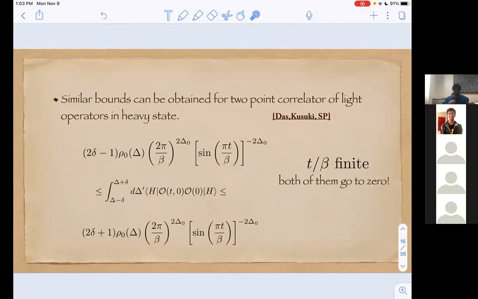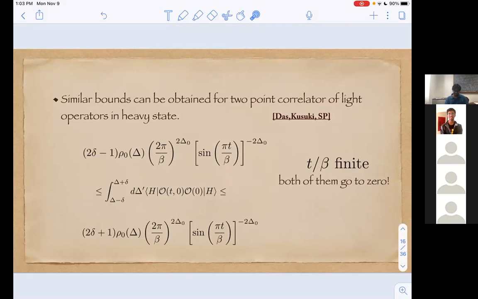Yeah, and then similar bounds can also be obtained for 2-point correlators of light operators in a heavy state. For finite central charge, this result is obtained for t over beta being finite and both of them going to 0. Here again you can see that the leading answer is the thermal 2-point function.